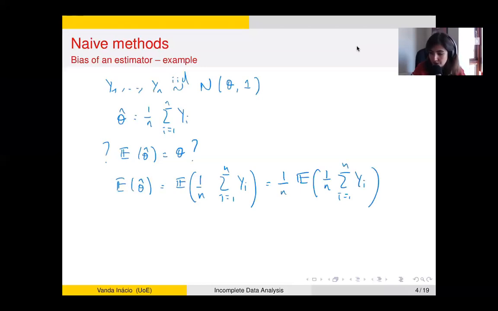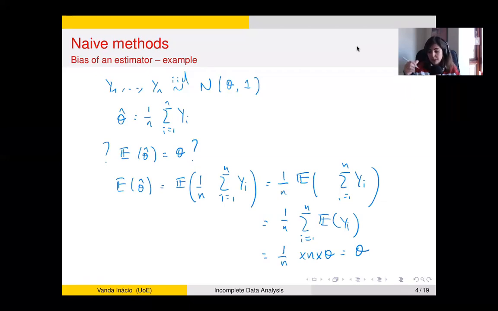And by the linearity property of the expected value, I can write it as the sum of the expectations, and now I know that each of them has expected value given by theta. And so, yes, the sample mean is an unbiased estimator for the mean in the normal distribution.